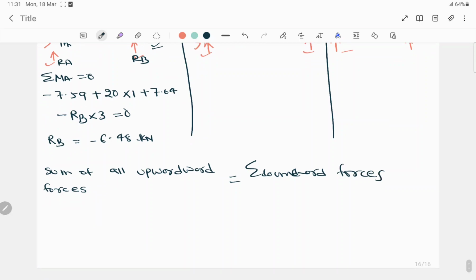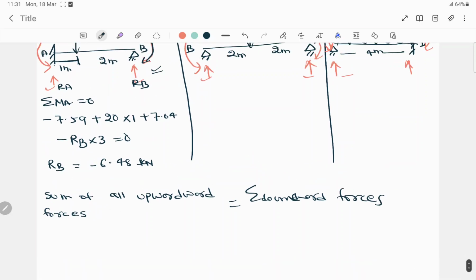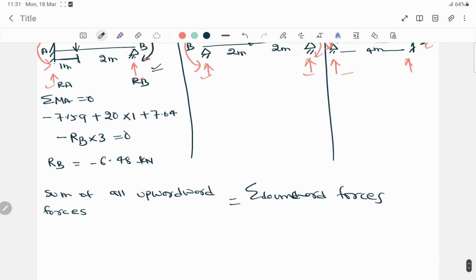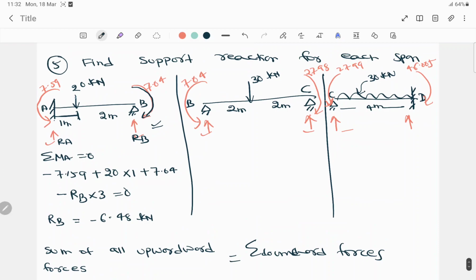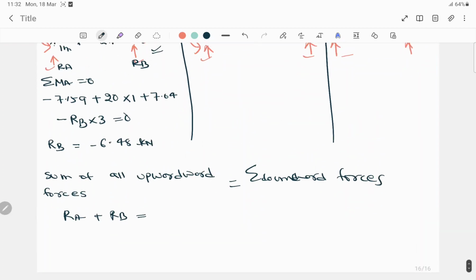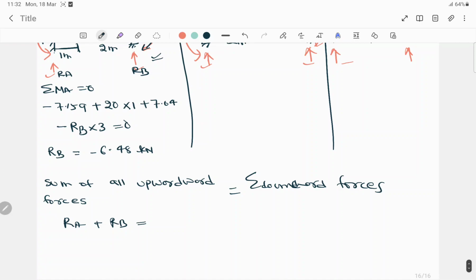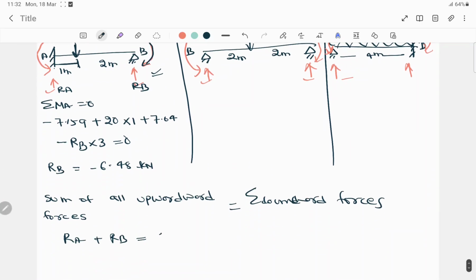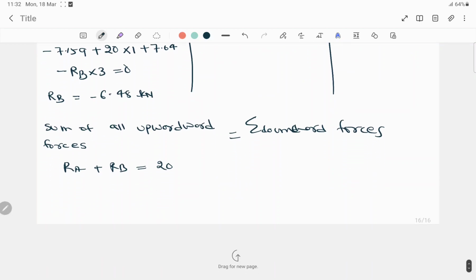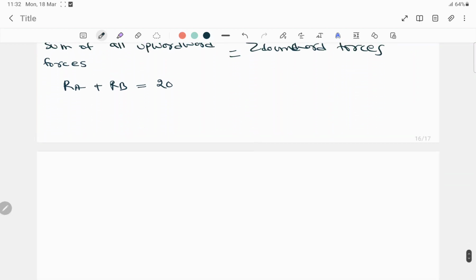Upward forces are RA and RB, so RA plus RB is equal to the sum of all the downward forces. Here only one downward force is acting. Moment will not be included, only the forces will be included. So only one, that is 20.